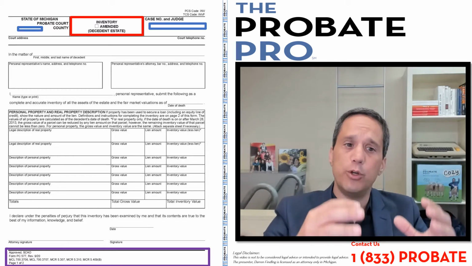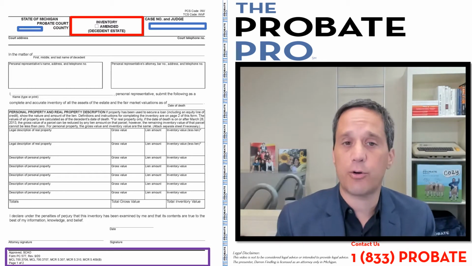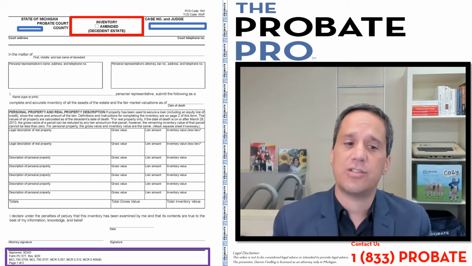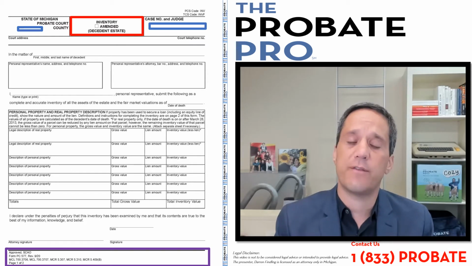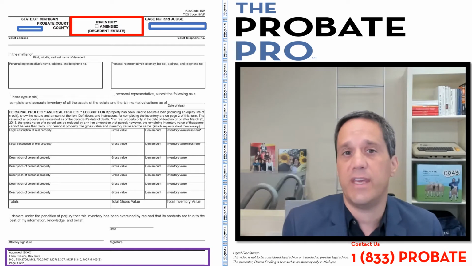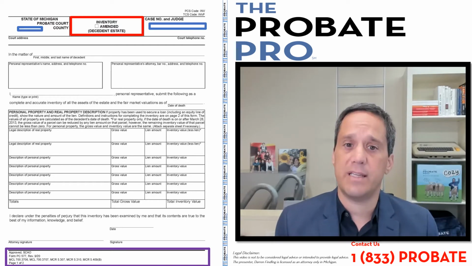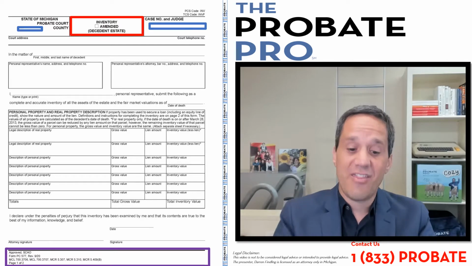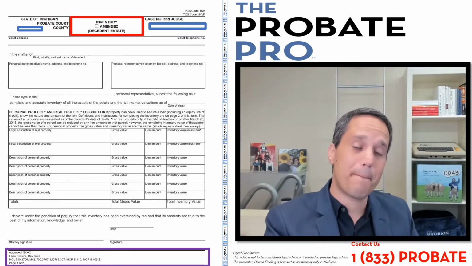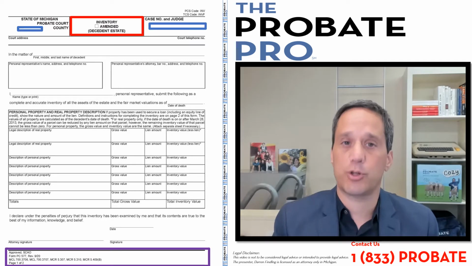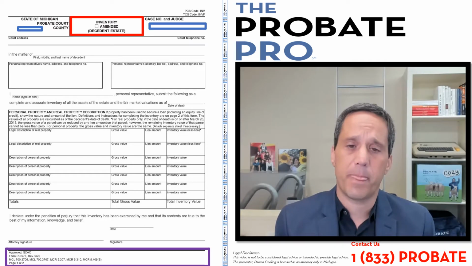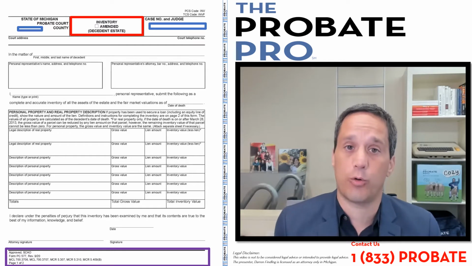The court reviews it to make sure it's filled out correctly and that it contains all the requisite information for the court to determine the inventory fee that has to be paid when presenting the inventory. And then that document is actually returned back to the personal representative, the filer or presenter in this particular case, and never becomes part of the court record.